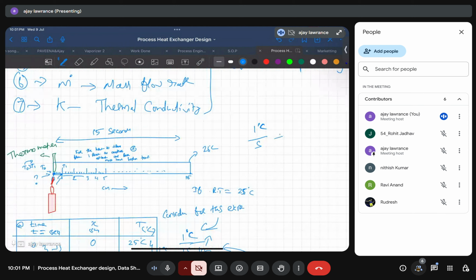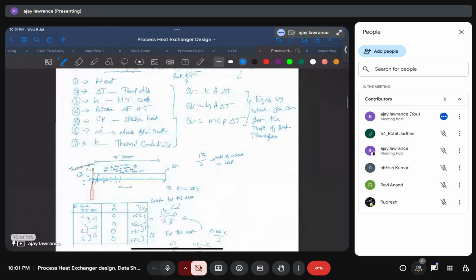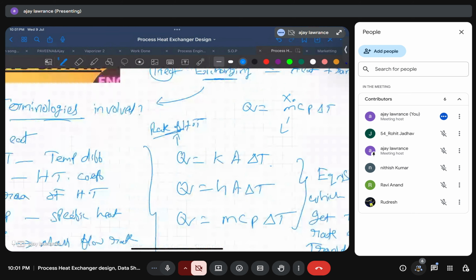Rate of increase in temperature, right? Okay. So, now, as I've told you, this is the rate of heat transfer.